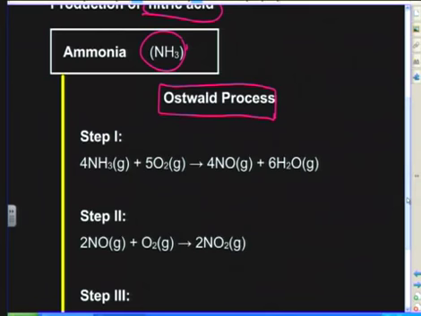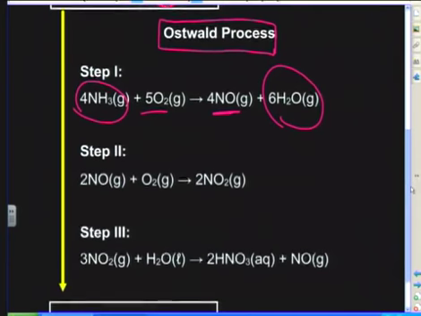Okay, step 1: you need that ammonia, you react it with oxygen, and you produce this gas, which is very critical in this process. Part of the products formed, a byproduct if you like, is water, H2O, in the form of gas, so it's water vapor. Now from there we have the second step.